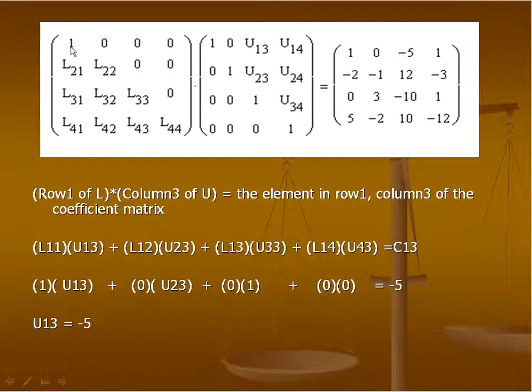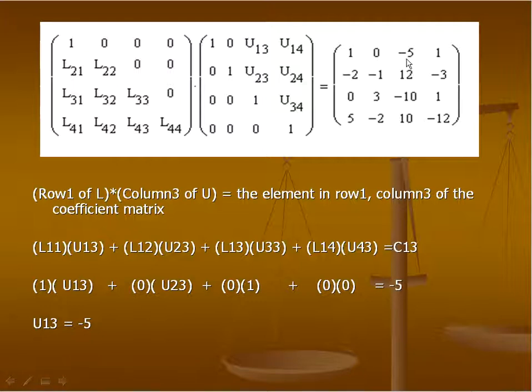Okay? So now we're going to take row 1 of L times column 3 of U. So this is 1 times U13 plus 0 times U23 plus 0 times 1 plus 0 times 0, and that is equal to the item in the coefficient matrix that is in row 1, column 3.